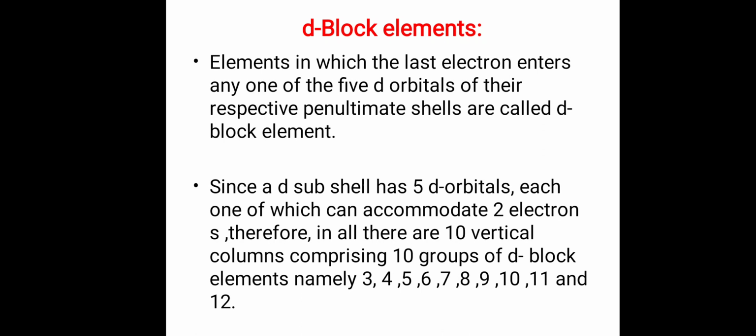Elements in which the last electron enters any one of the 5 d orbitals of their respective penultimate shells are called d-block elements. It has 5 subshells, so each one can accommodate 2 electrons, totally 10. So d-block elements contain 10 groups: 3, 4, 5, 6, 7, 8, 9 to 11 and 12.